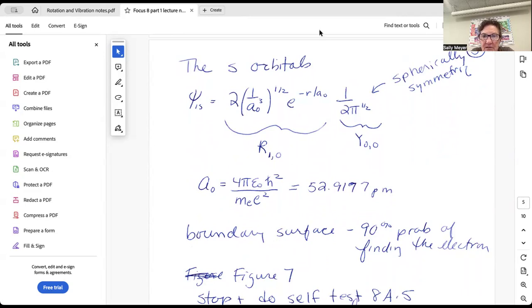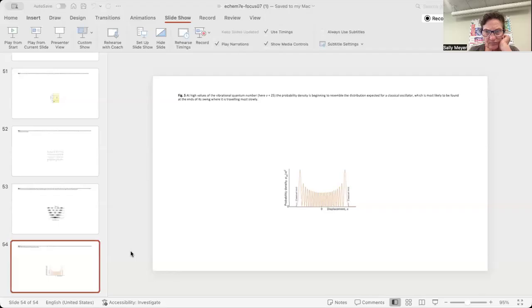Let's take a quick look at figure 7. So the boundary surface of an S electron just shows you that it's spherically symmetric around the nucleus.